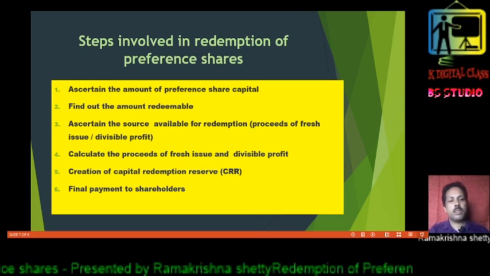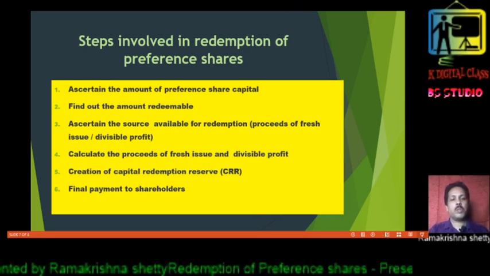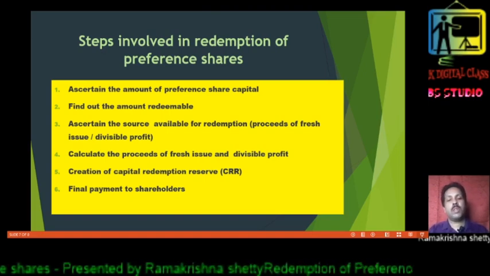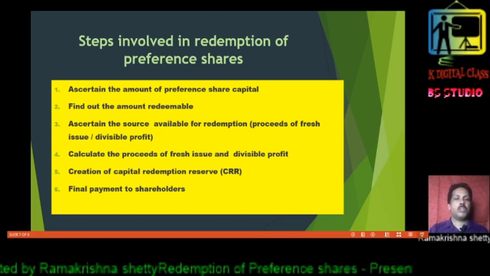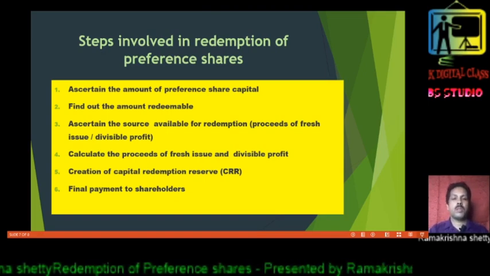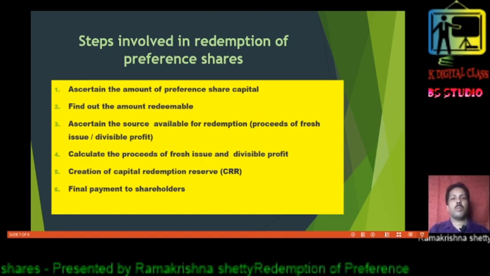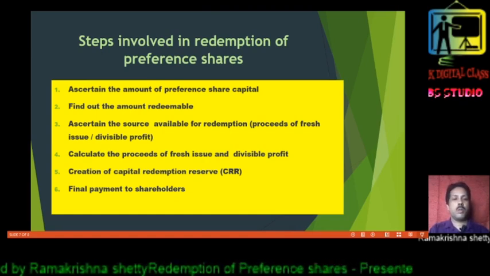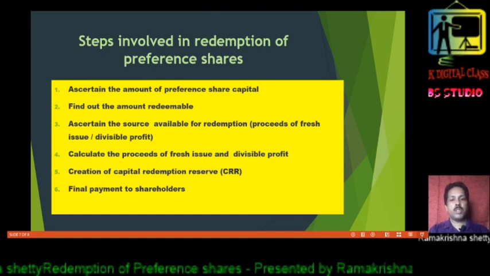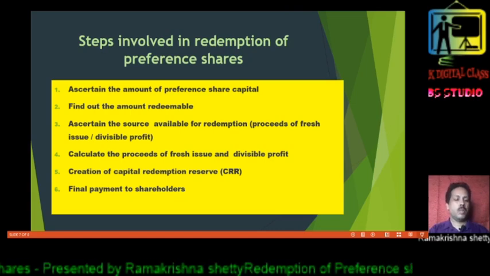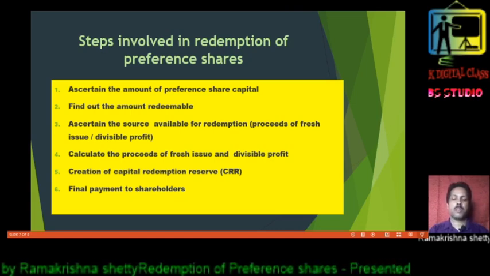Finally, final payment to shareholders. It involves the transfer of capital and premium on redemption and final payment to shareholders. So these are the usual steps involved in the redemption of preference shares. All problems may not include all these steps, but these are the usual steps involved in the redemption of preference shares. Thank you.